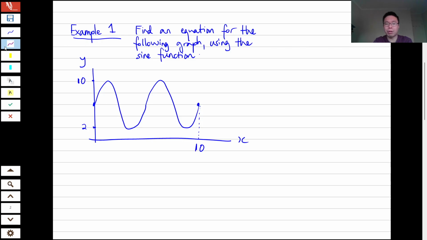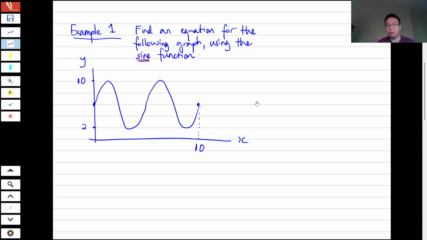So I've given you a bit of guidance. I've told you to look for a sine graph, and that turns out to be quite simple in this case because this graph already starts from the mean position at x equals 0, just like the original sine graph, alternating between 1 and minus 1, starting at 0.